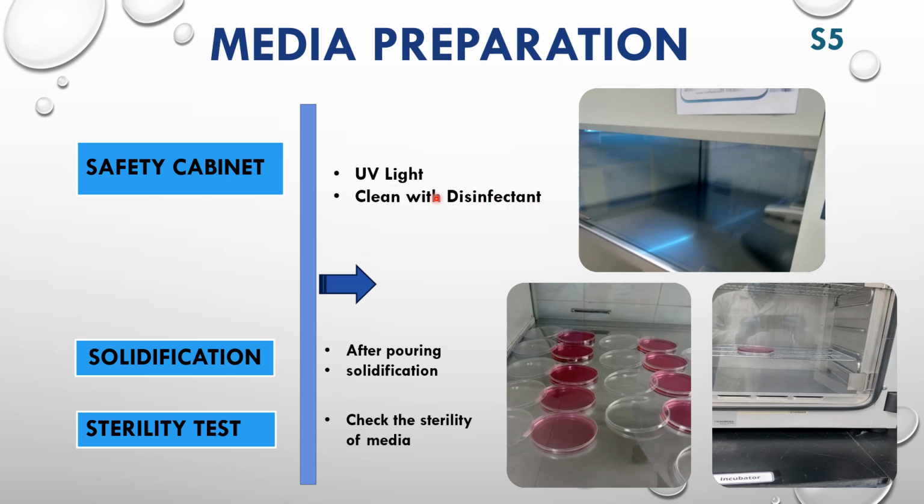After making the safety cabinet ready, we take the media from the water bath, place it in the cabinet, and pour it into our petri dishes. We allow it to solidify, which takes 5 to 10 minutes, maximum 10 to 15 minutes, and sometimes longer depending upon the conditions.